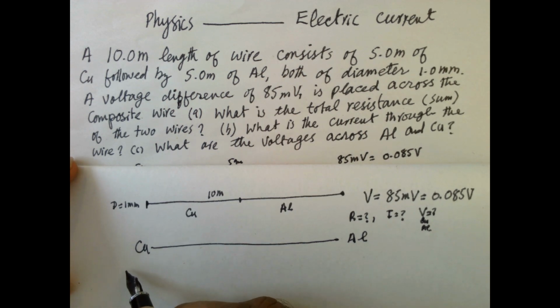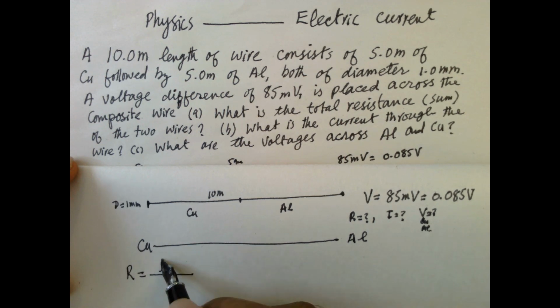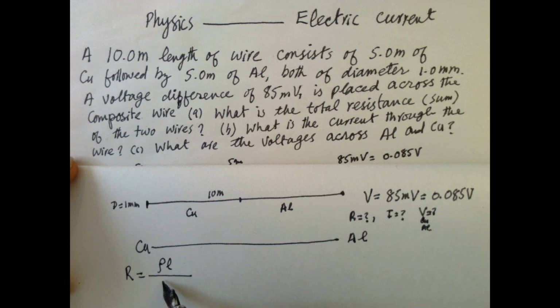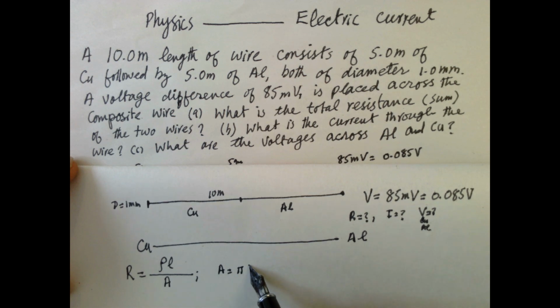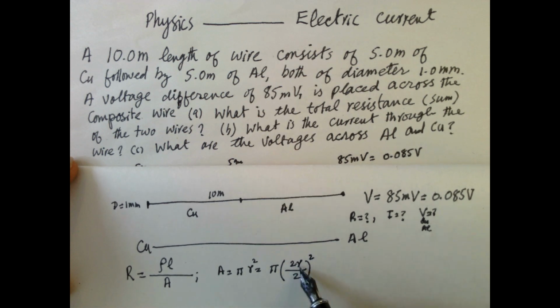So resistance R is equal to resistivity rho times length over area. Area is equal to pi r square, or pi times 2r by 2 whole square, and 2r is equal to d.